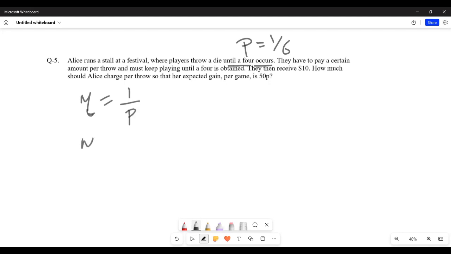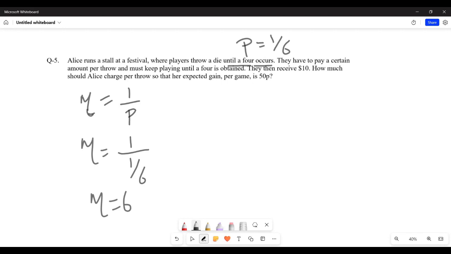So the mu is equals to 1 upon 1 by 6. So mu is 6, which means on average, at the 6th attempt, the person playing is likely to get a 4 on average.